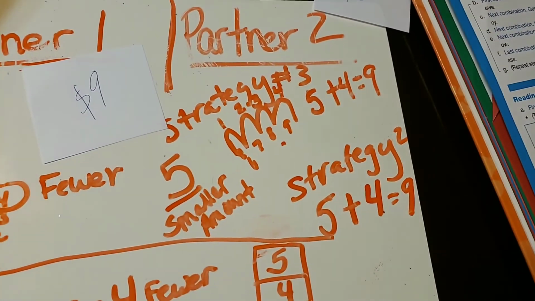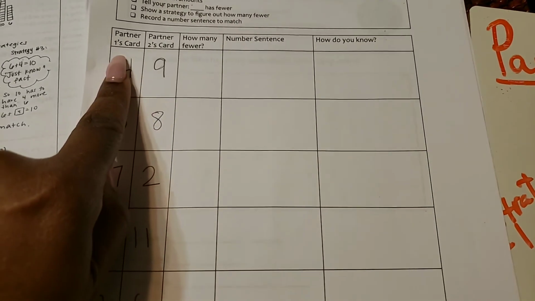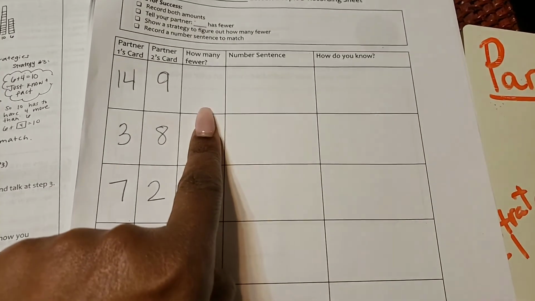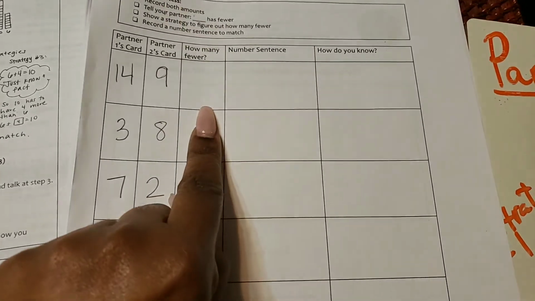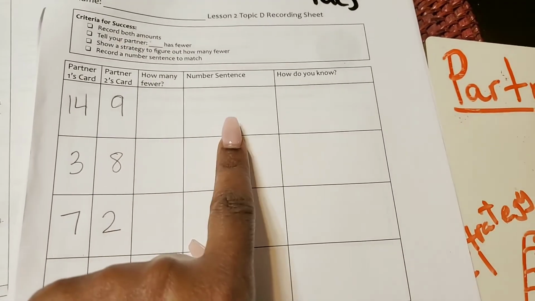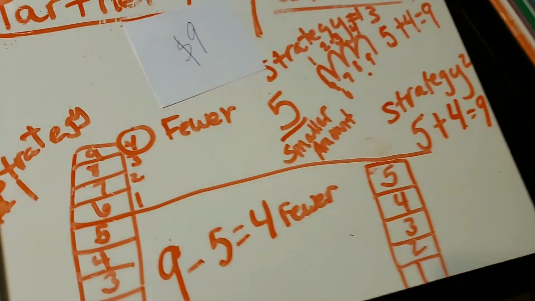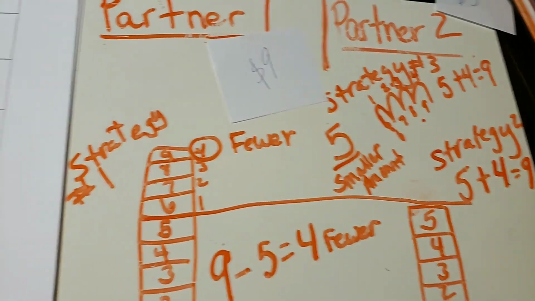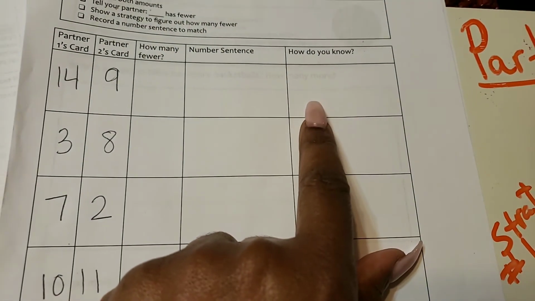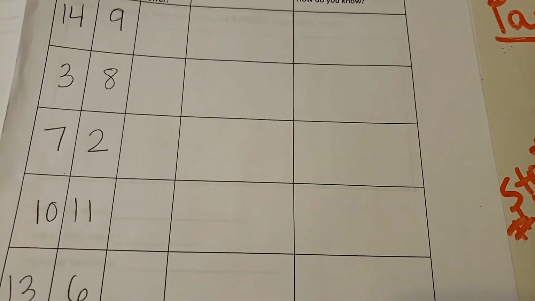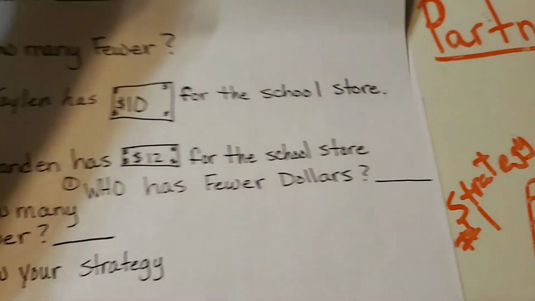On your independent packet, you have partner 1's card and partner 2's card. You need to tell how many fewer. You need to write a number sentence that matches the strategy, how you figured out how many fewer. And then you need to write in pictures or words how you know. If you have an exit ticket, your exit ticket should look like this.